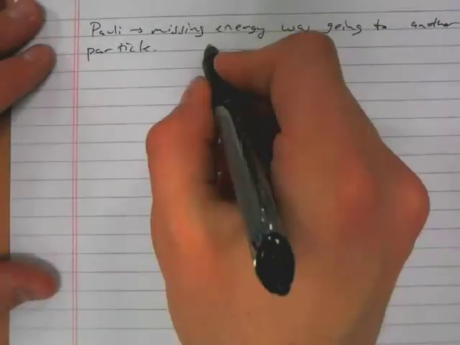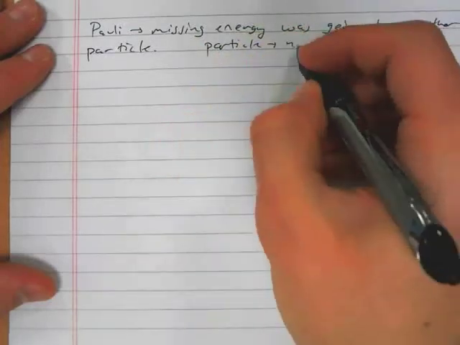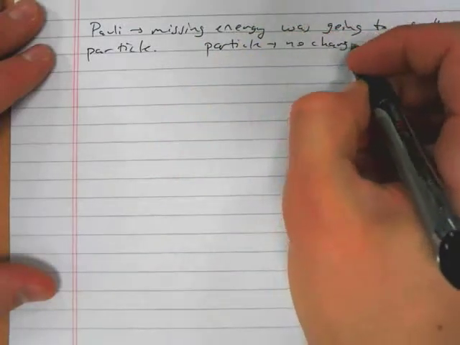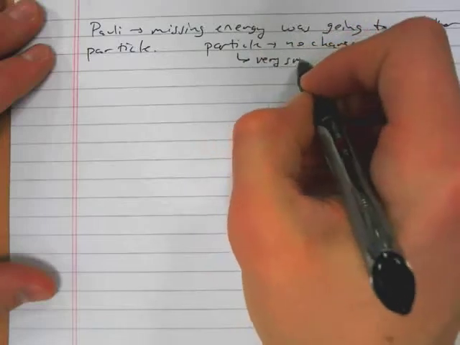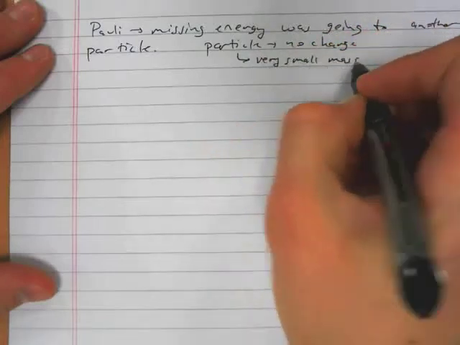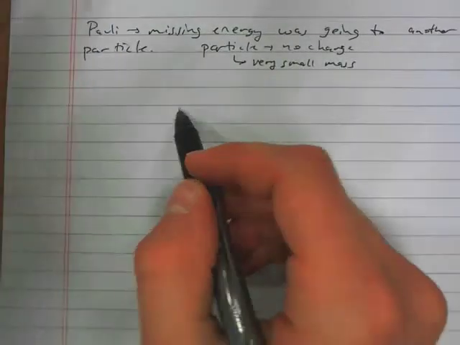And because they couldn't detect this particle, they assumed a few things. They assumed that this particle has no charge. They assumed that this particle has very small mass. And there was this particle with no charge and very small mass that was carrying this remaining energy.